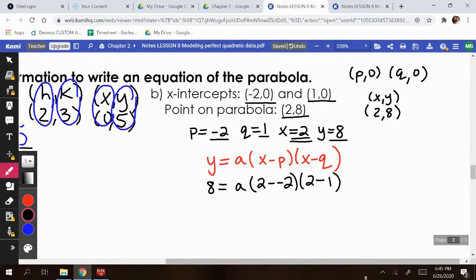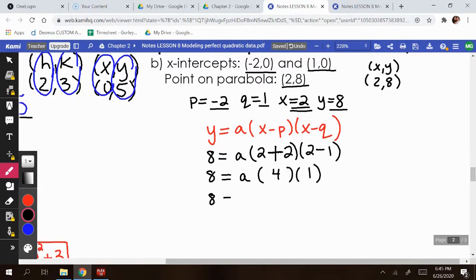All right, I've got to solve for a. We'll have 8 equals a. This becomes 2 plus 2, which is 4. And 2 minus 1 is 1. So I'll get 8 equals 4a. And then we'll divide both sides by 4. 8 divided by 4 is 2 for a. Okay, now that I've got that, let's rewrite our original equation here.